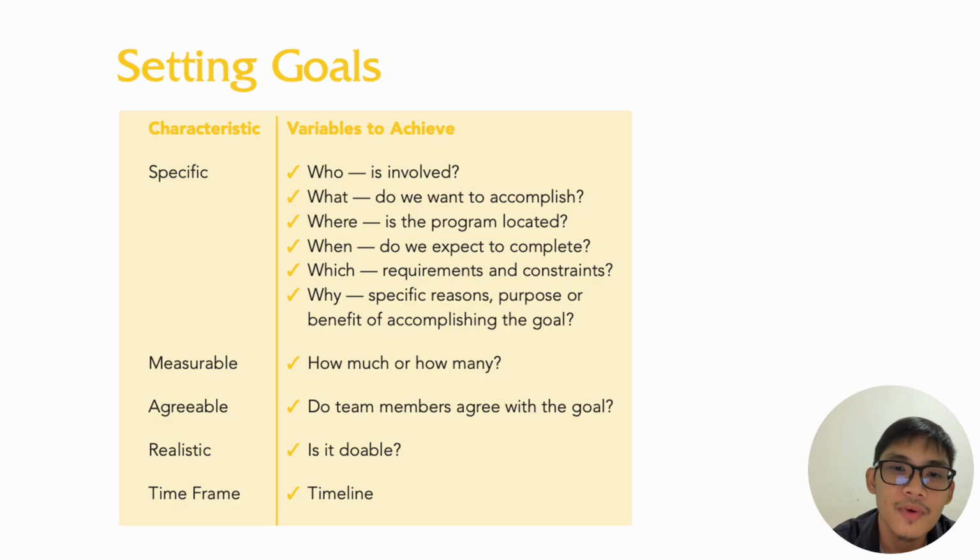We have to specify what we want to accomplish by formulating objectives and goals. We have to specify where the program is located, how we will be able to implement the program, when we expect the program to complete, and what the requirements and possible challenges or constraints are in the implementation of the program.